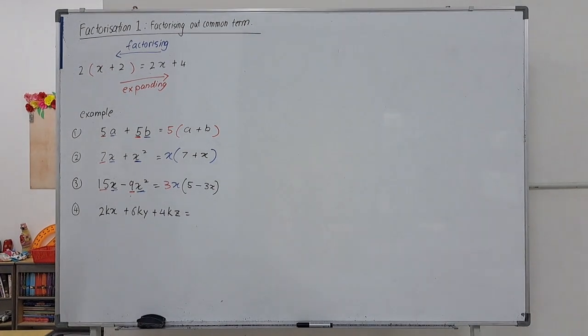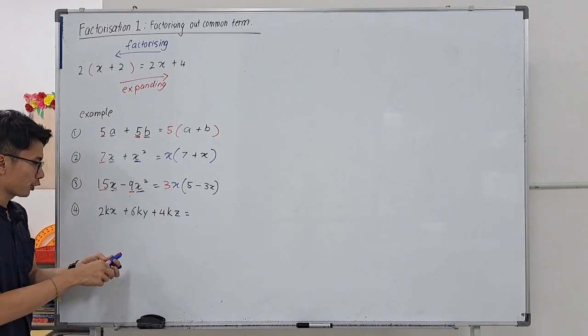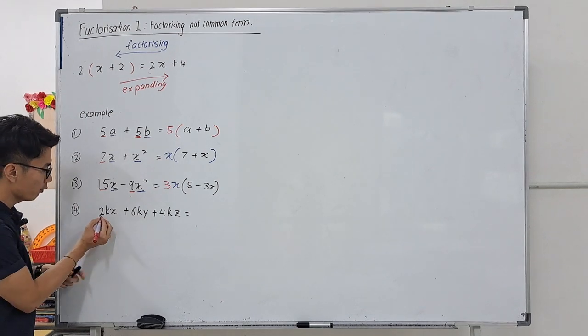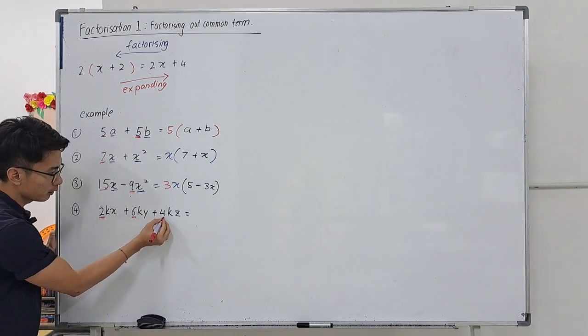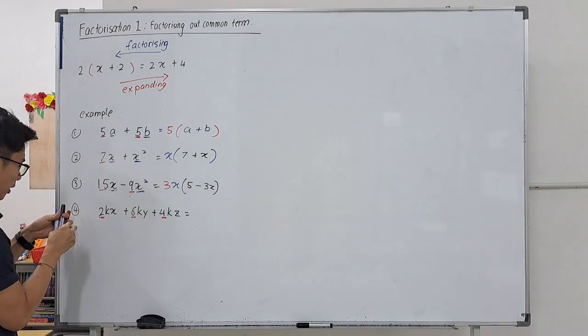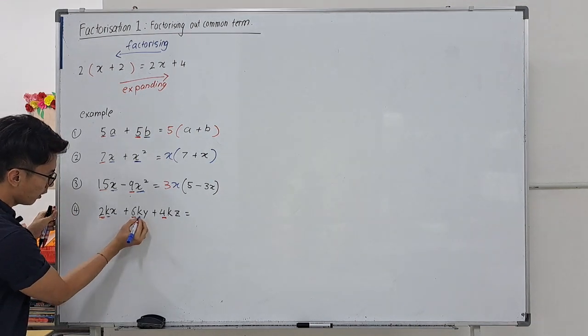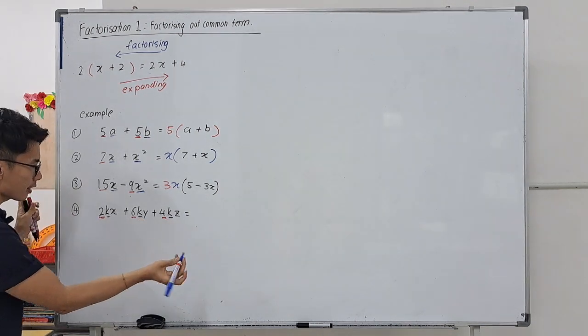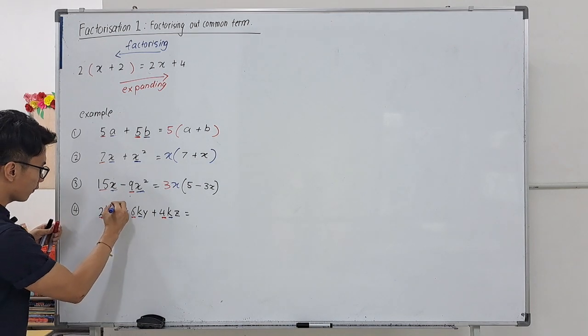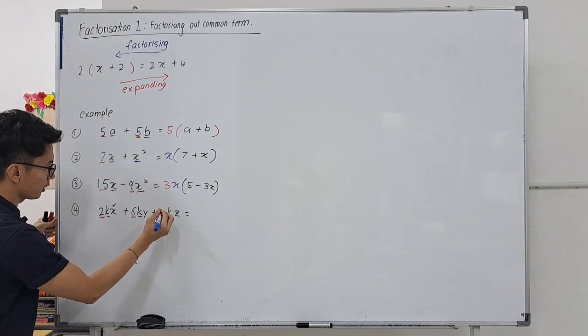Okay, now I have more things in this expression. So let's identify what do we have. We have some numbers here, all right? We have some unknowns here, the k's, and we have some more unknowns here, all right?